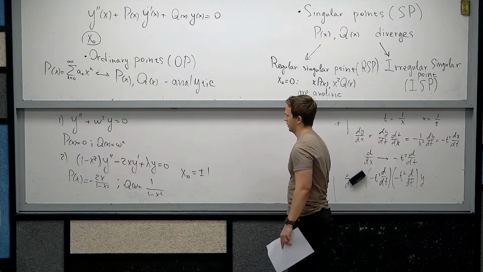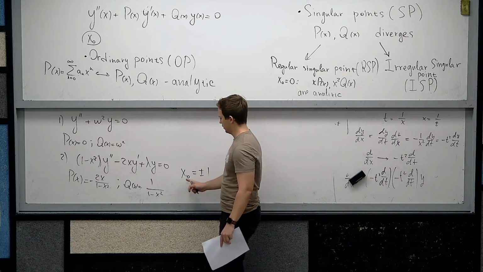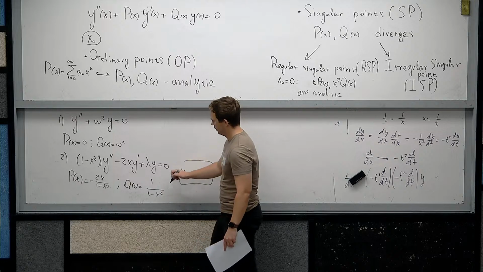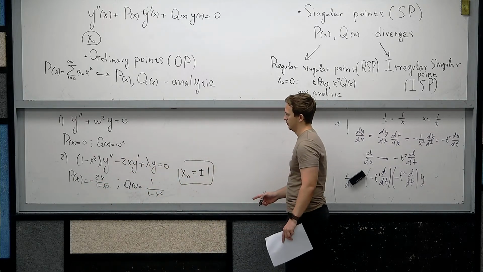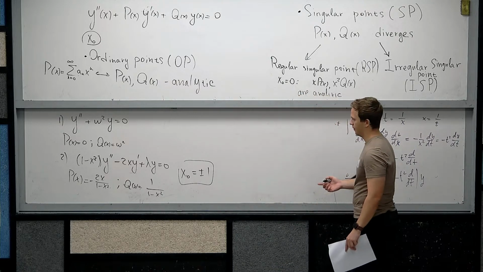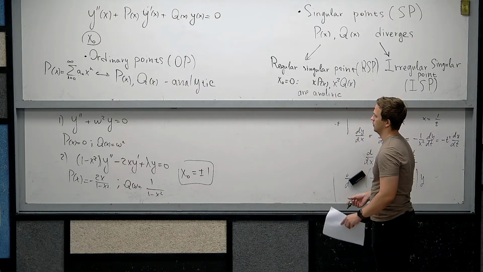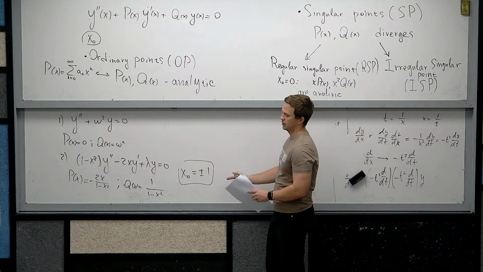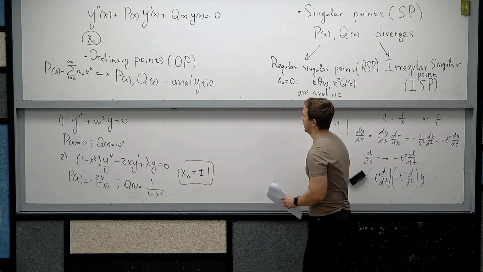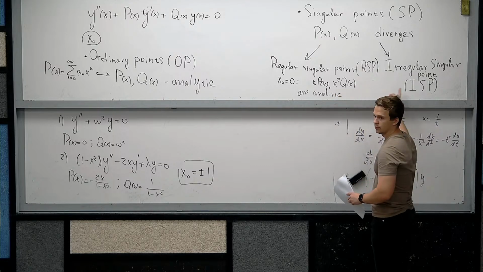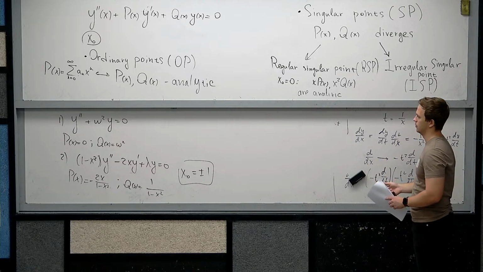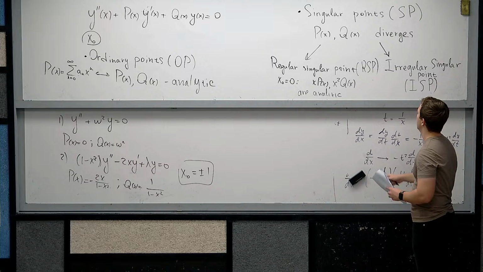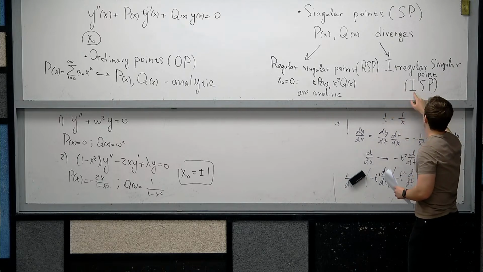We understand that at these two points, p of x and q of x diverge, so these two points are singular points. Then we know that there are two types of singular points. In the second step, we need to figure out whether it's an RSP or an ISP.